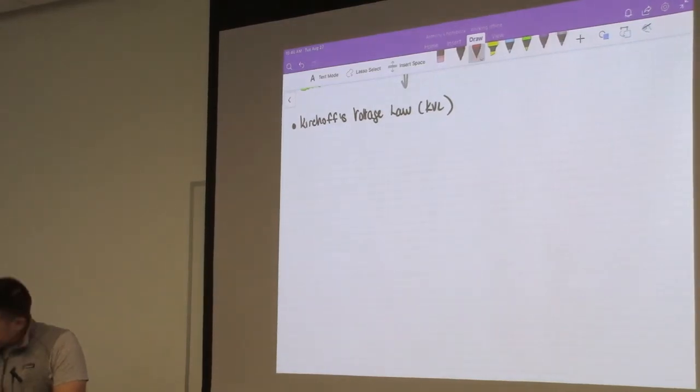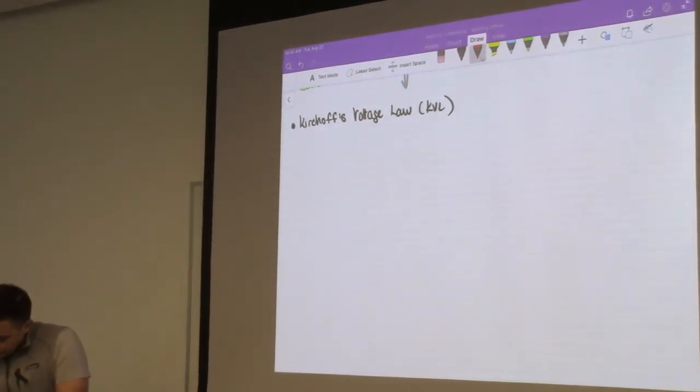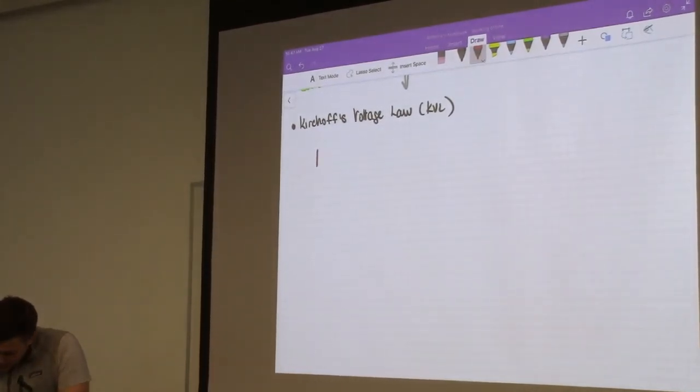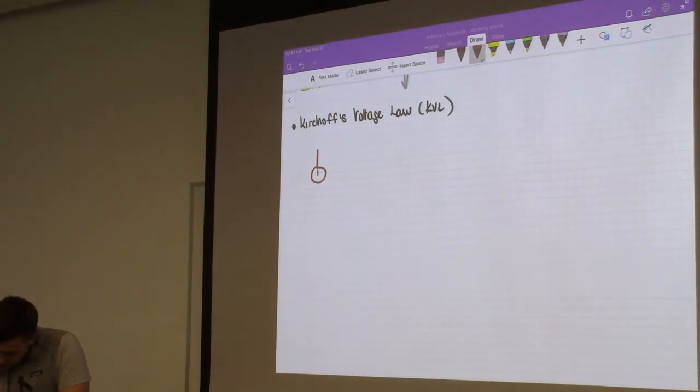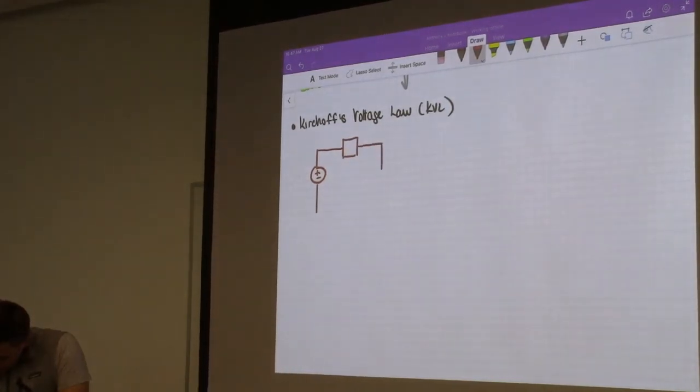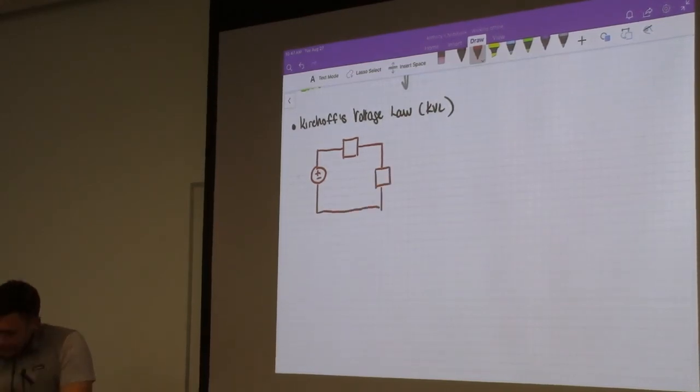Now, this can work for any loop in the system. For example, let's say I draw a system that looks like this. Okay?